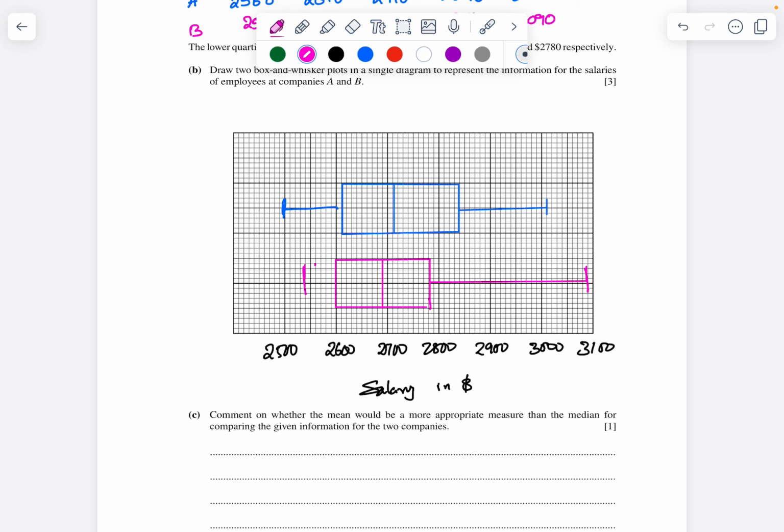That's the whisker. So this is for B and this is for A.